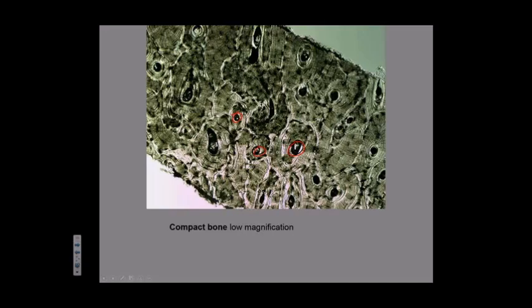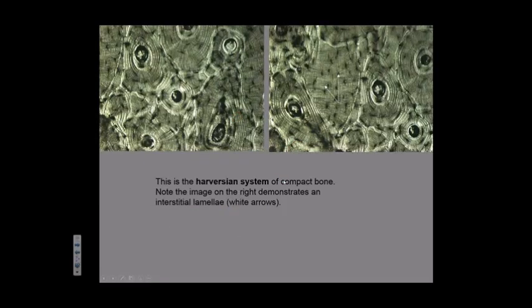So these arteries, veins, and nerves, there's some branching coming off, because if you look at it under higher power, you can see these dark lines that kind of look like spider webs.